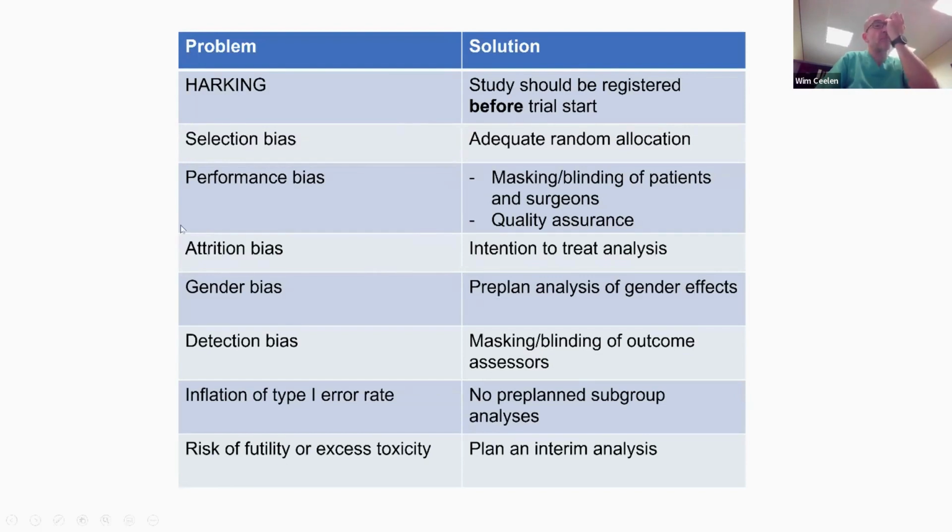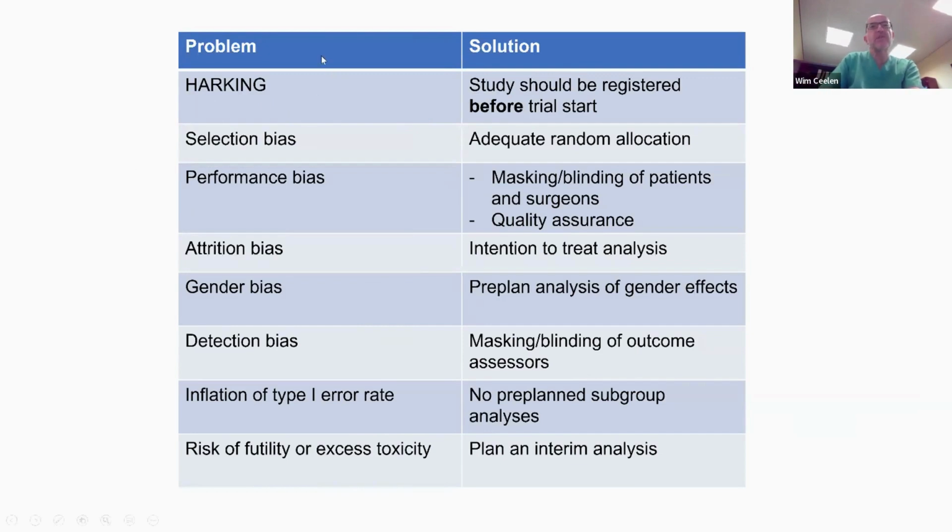But so HARKing means hypothesizing after the results are known. This can be avoided by, of course, registering the study before it starts. This avoids the possibility to alter the endpoint after you have the data, or omitting an endpoint or adding an endpoint.